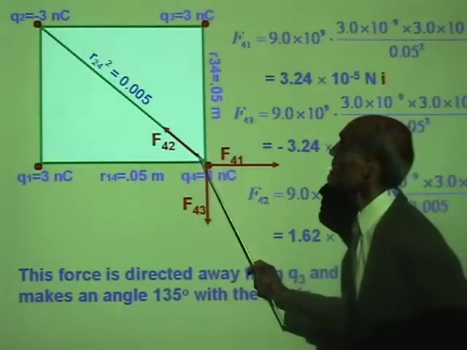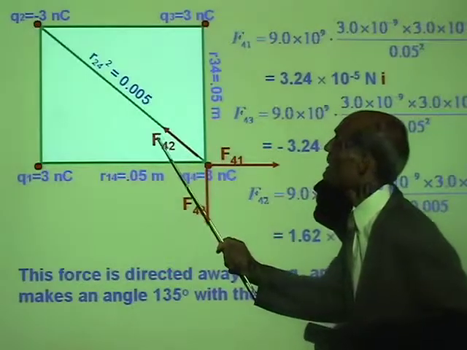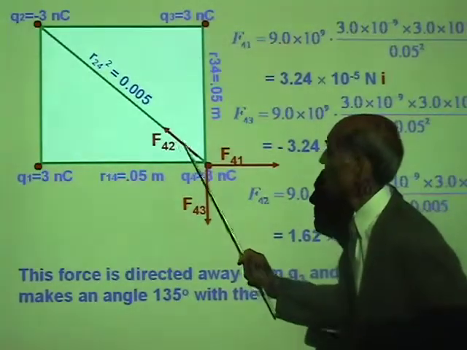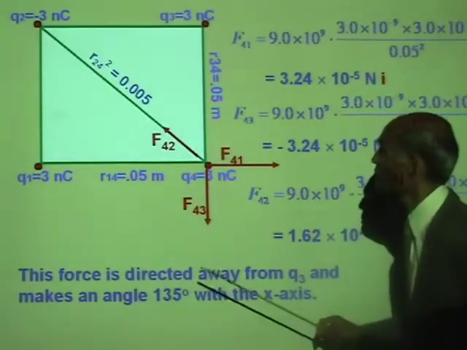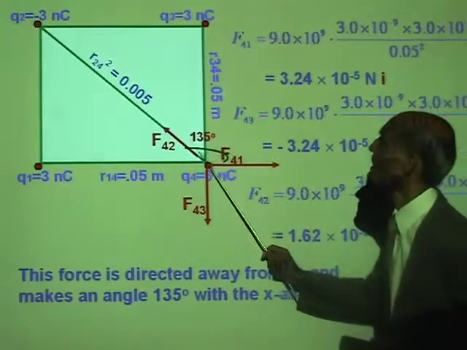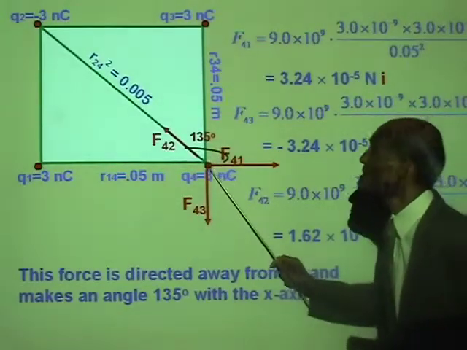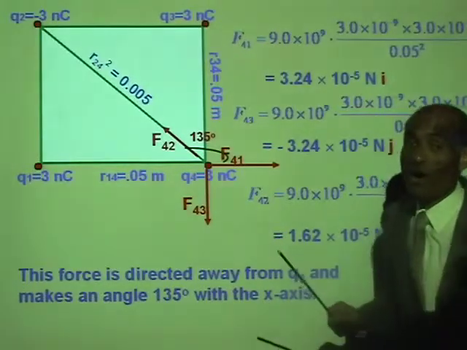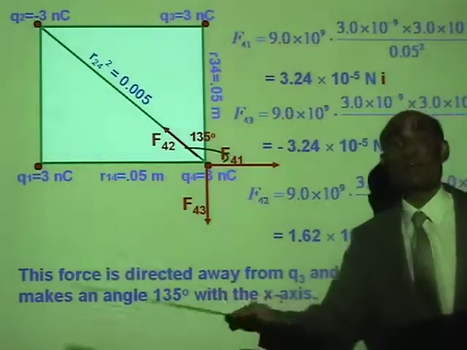Well, we now know that the angle made by F42 is this 90 plus 45 is 135 degrees. There you are. So that angle is 135 degrees. Can you now write F42 as the sum of its x component and y component?